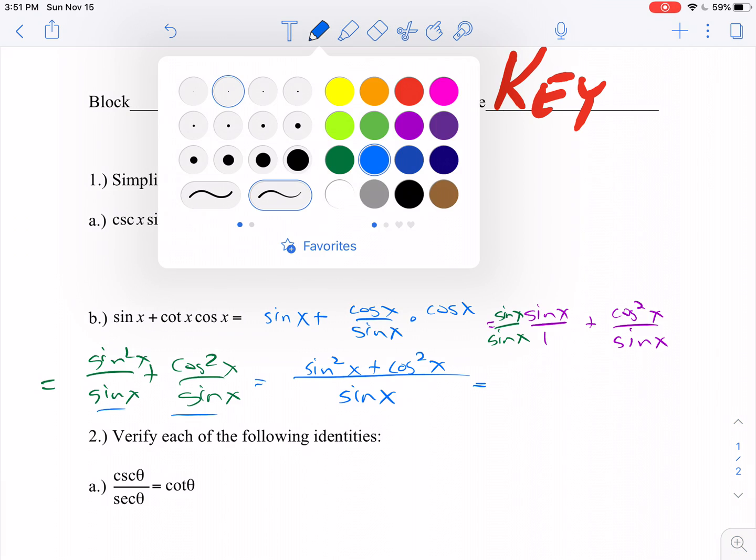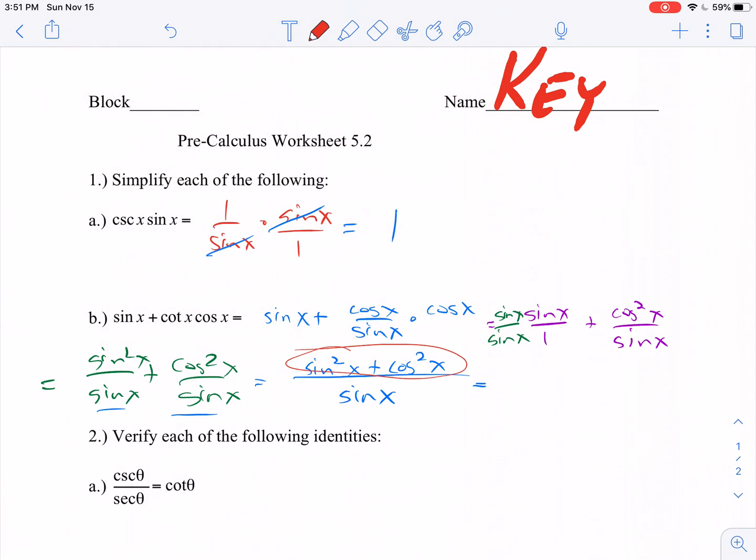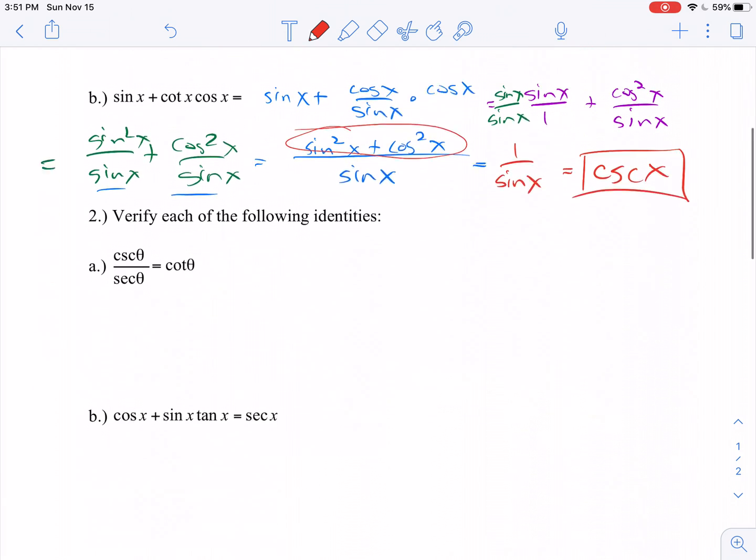And we should recognize that this thing right here is the number one Pythagorean identity, so that's 1 over sine of x. And 1 over sine of x would bring me back to just a plain old cosecant of x. So a couple quick examples.